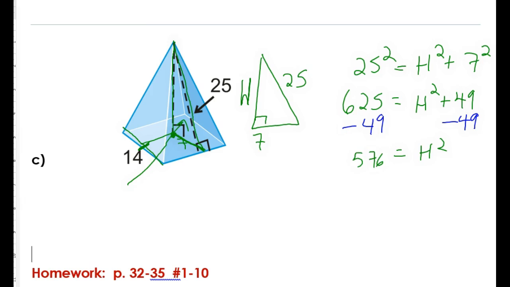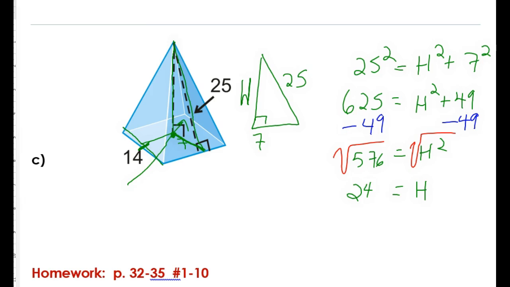So how do I undo a square? Well, I take the square root. Whatever I do to one side, I do to the other. And so that will give me my height just by taking the square root of that value. And that gives me 24 exactly. That's kind of convenient.